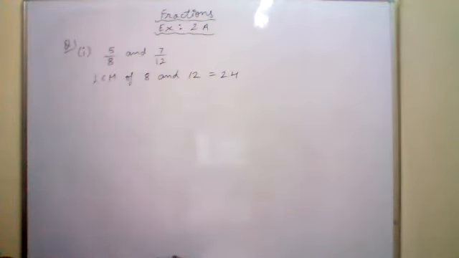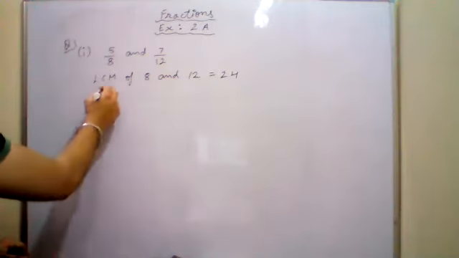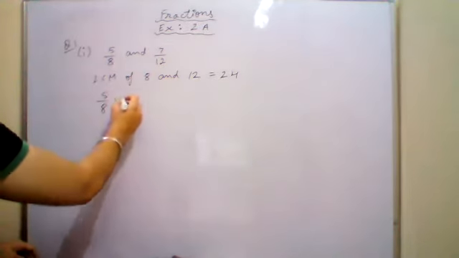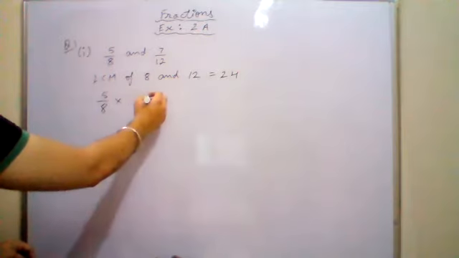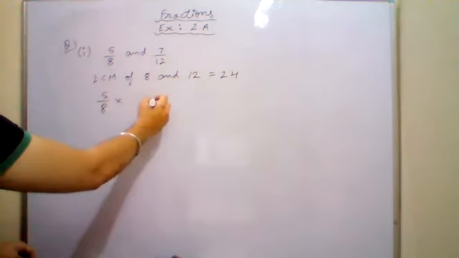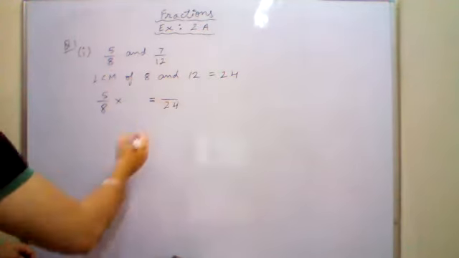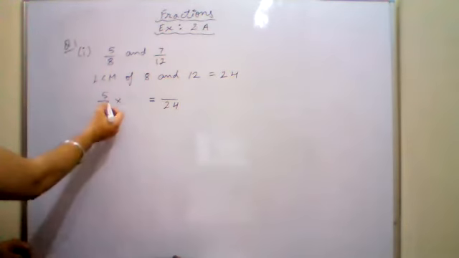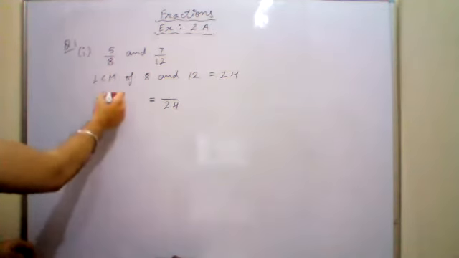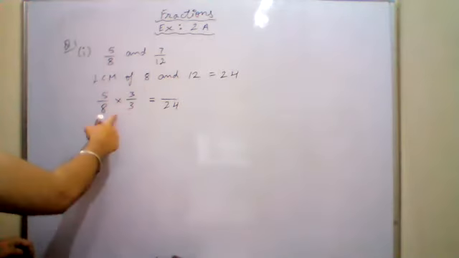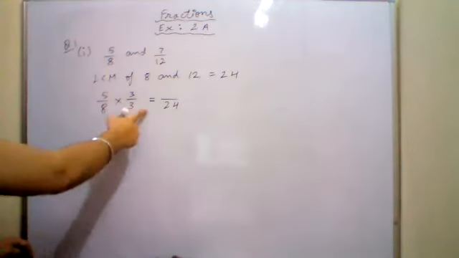So LCM of 8 and 12 is 24. Now, you will multiply this number by a certain number such that the denominator becomes 24. So I should multiply the given fraction 5/8 by 3/3. अगर मैं 3/3 से multiply करूँगा, the denominator will become 24.